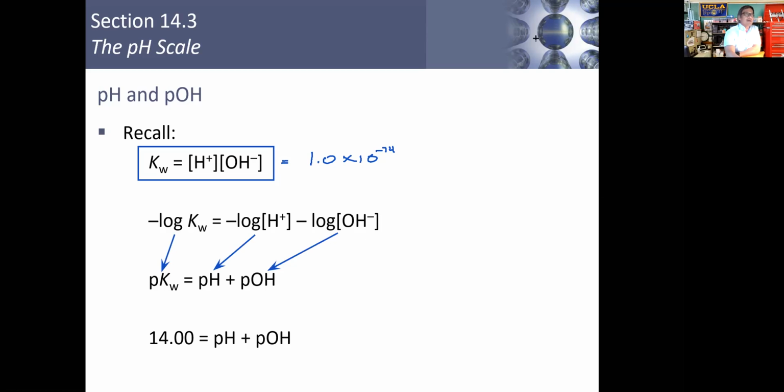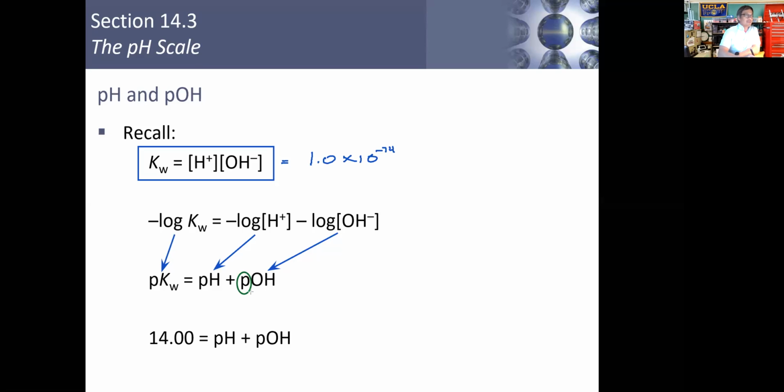So whenever we see that letter P, we can think of it as an operator that tells us to do a particular operation. Whenever you see that letter P, at least in the context of our chemistry, it is an operator that tells us to take the negative log of anything that follows it.